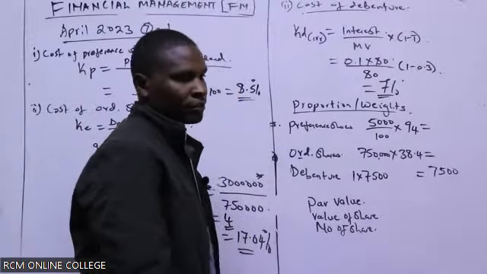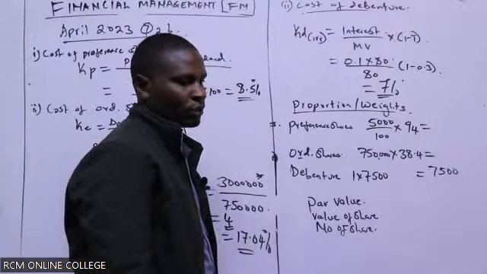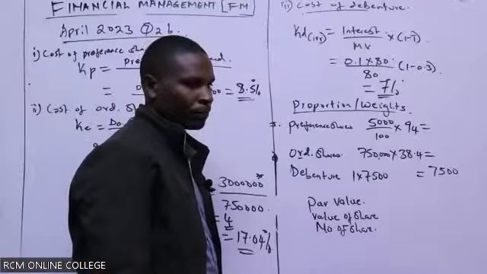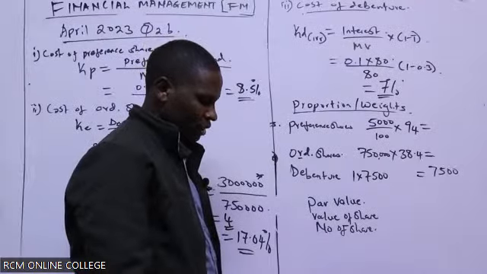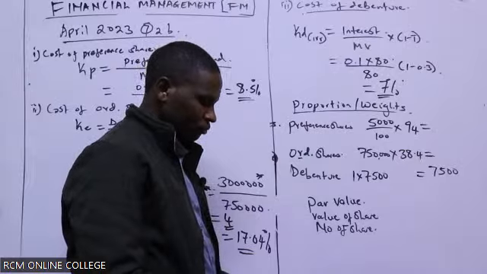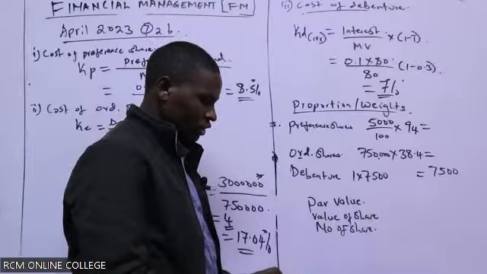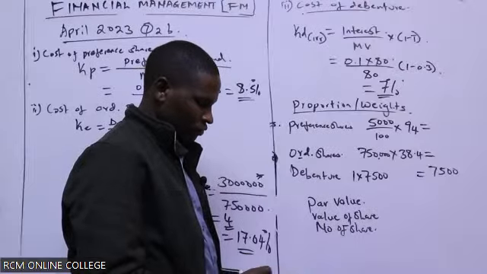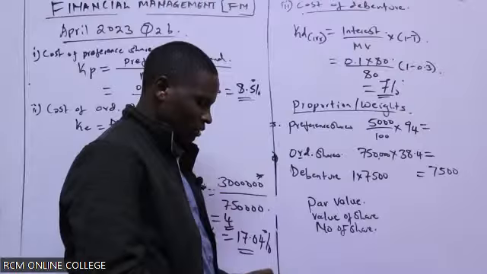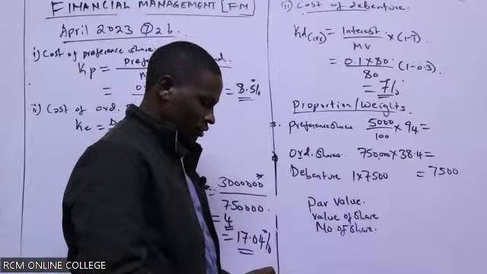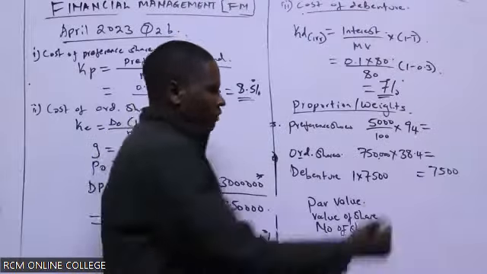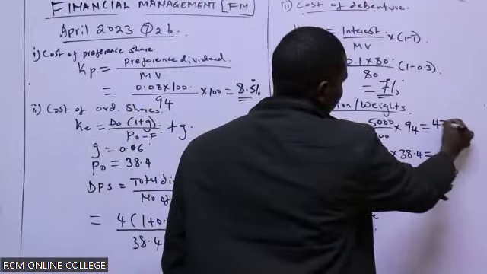Sawa. So uze total hapa, preference share ni ngapi total? Si ni 50 times 94. 50 times 94, kwani mnapata ngapi? 4700? Yes, 4700.